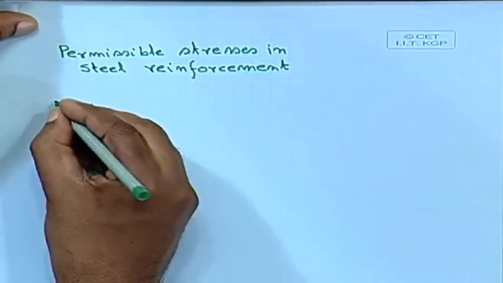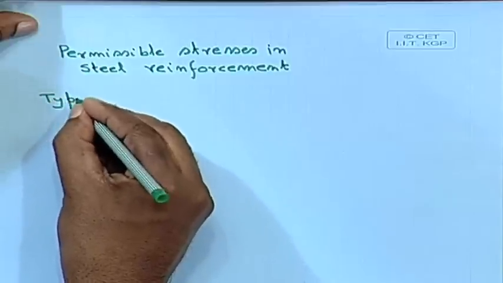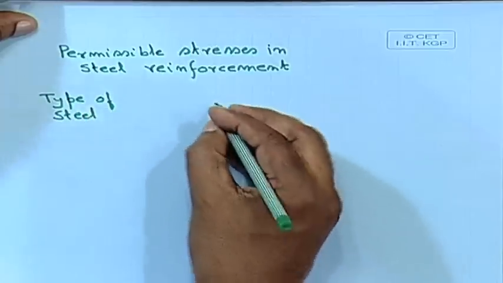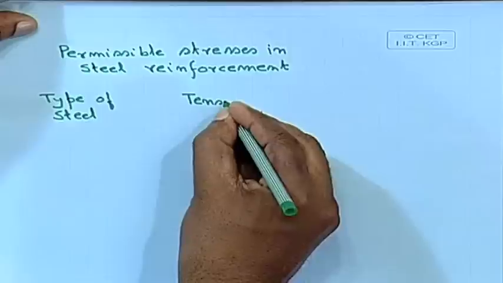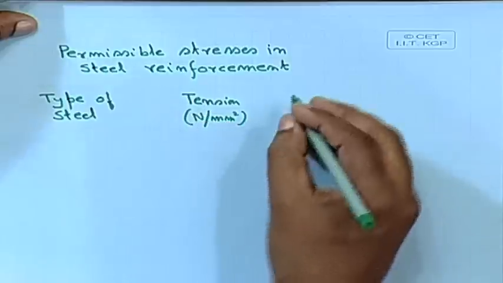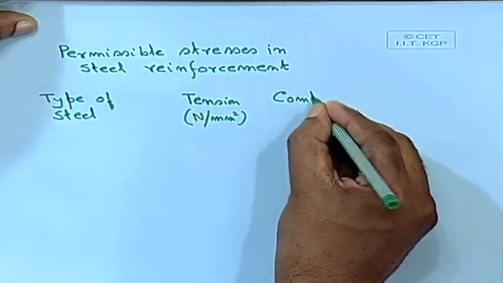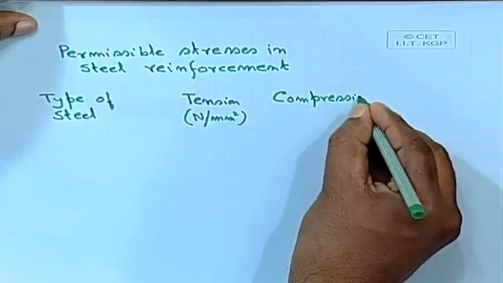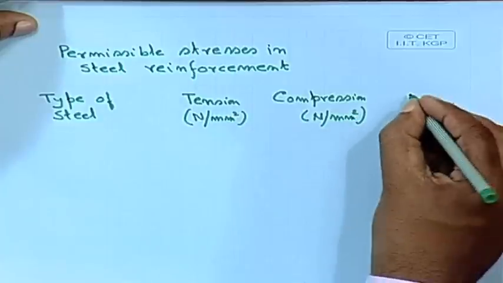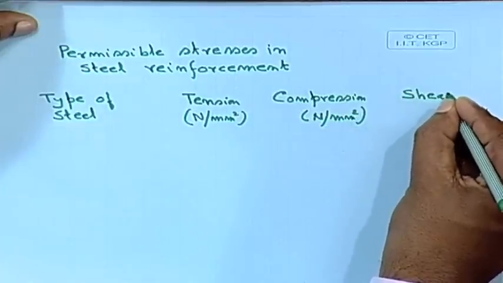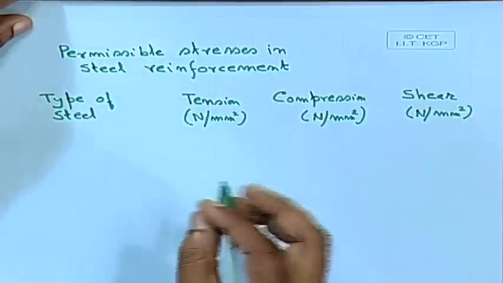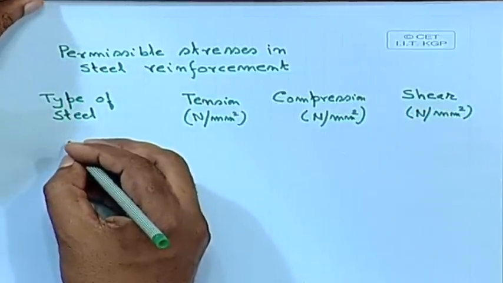Type of steel, tension, compression, and we should have shear, because these are the different cases where you have to consider the permissible limits, or in other words your freedom, how far you can go.